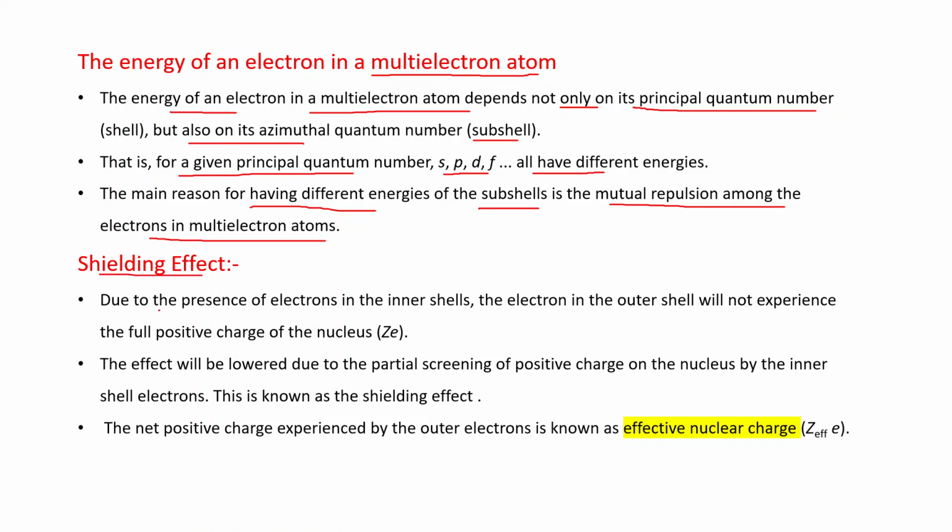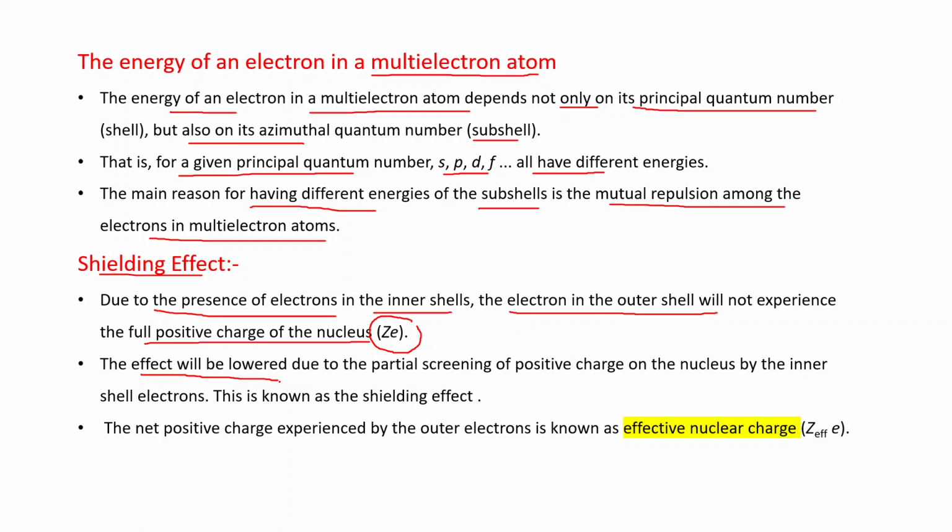Shielding effect. Due to the presence of electrons in the inner shells, the electron in the outer shell will not experience the full positive charge of the nucleus, and this full positive charge of the nucleus is represented as Ze.